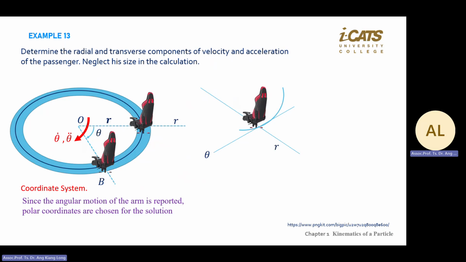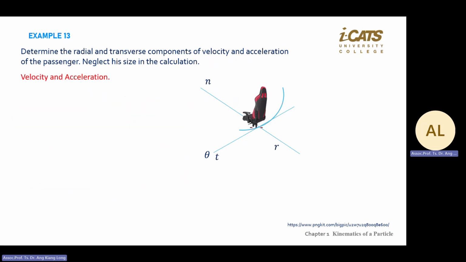R and theta are positive in this direction, following the motion. R is positive going out. And then you need to put in the normal and tangent directions also. For a cylindrical question, you need to combine the normal and tangent labels in the question.